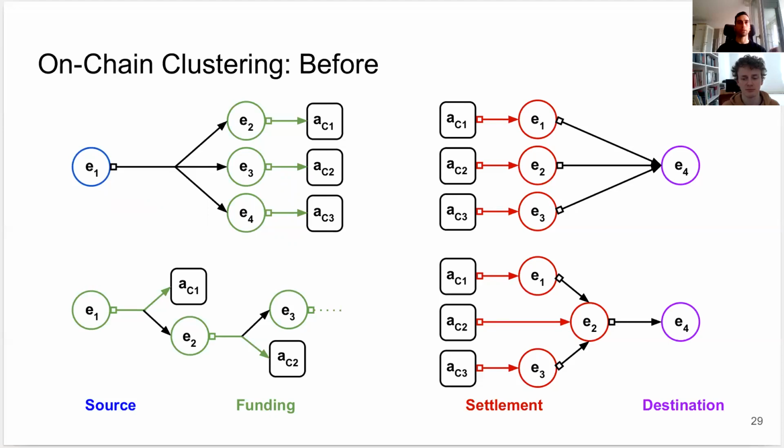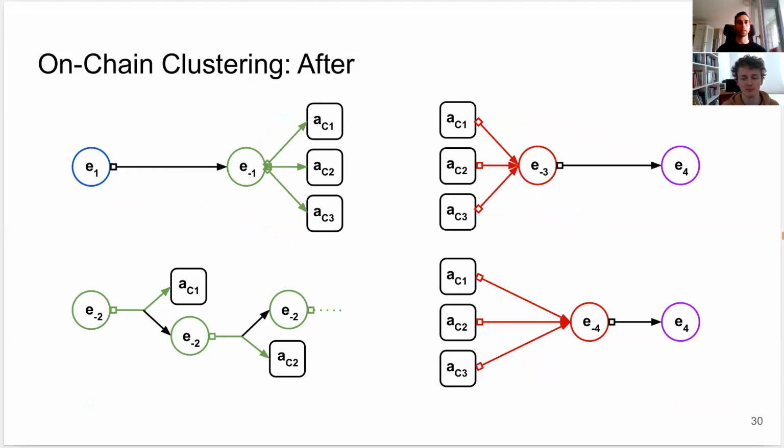And based on the fact that these entities are controlled by the same Lightning Network user, we can perform this clustering on the entity graph, on the entity level. So all the entities funding or settling these channels are actually controlled by one single user.